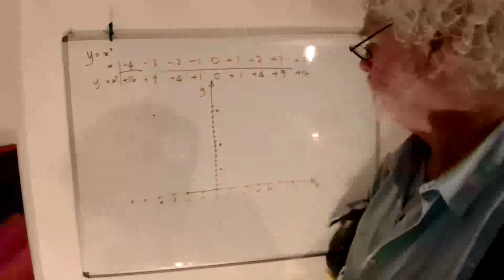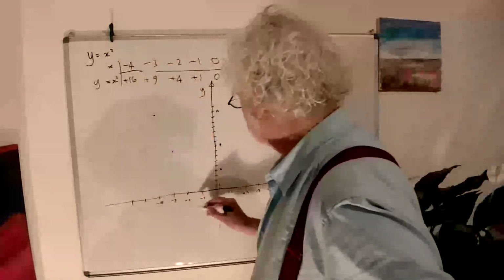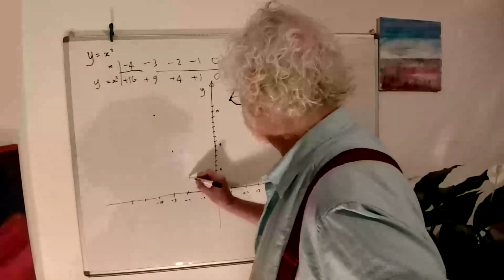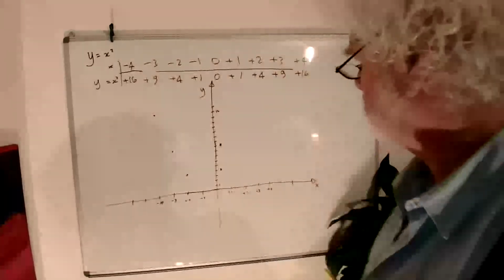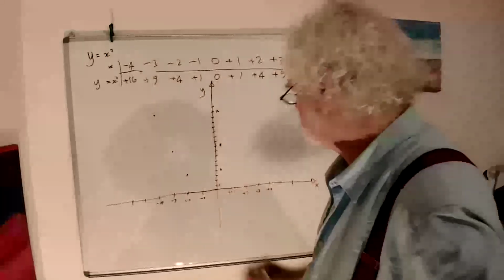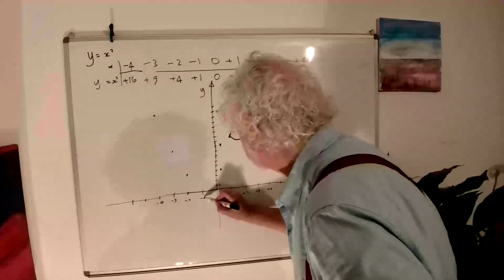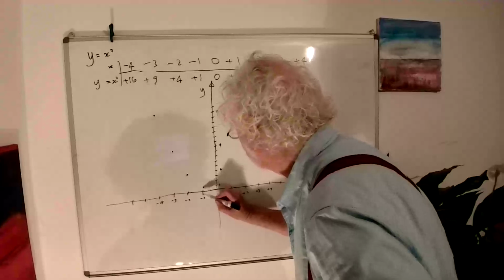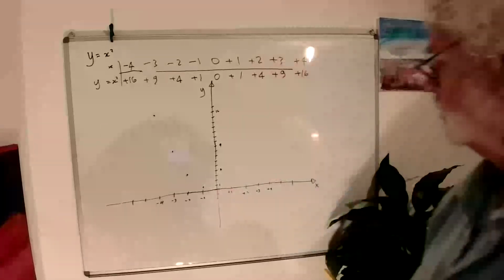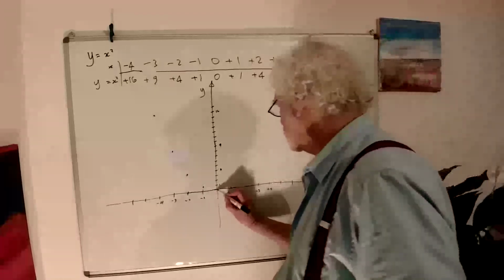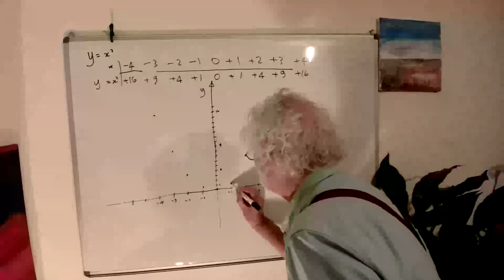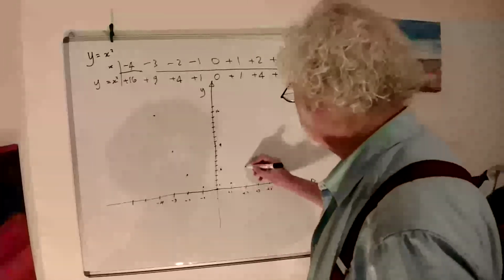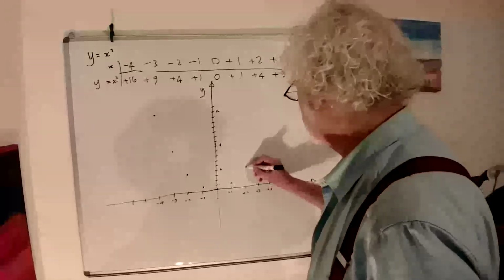Right. For minus 2, I mean, it looks like a straight line, but it's actually not. Minus 1 squared is plus 1. Naught squared is 0. Then on the positive side, we've got the same values of y.